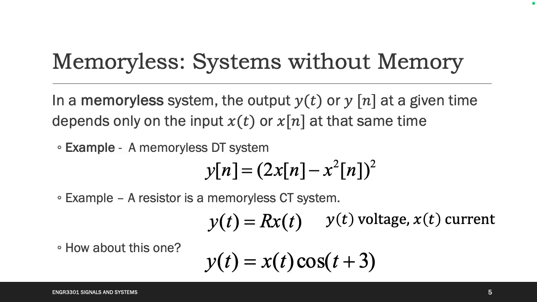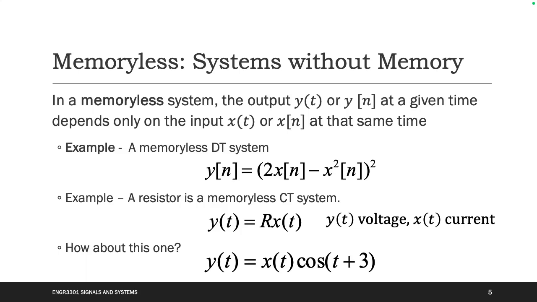But here there is a t. T is the same time, am I right? That time, t plus 3. If the time is fixed, t plus 3 is fixed, am I right? Cosine of t plus 3 is also fixed because this is a value. That makes sense to you?